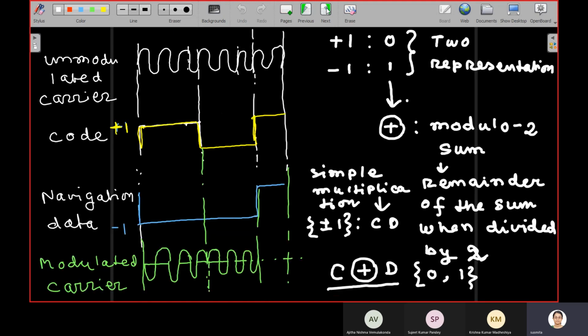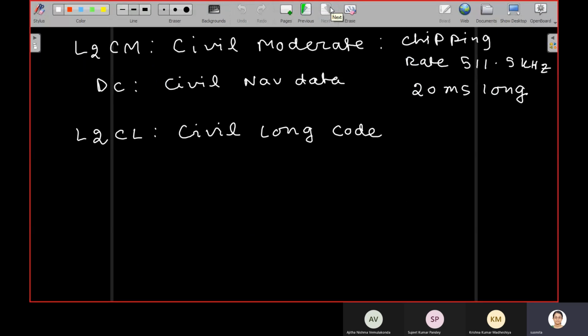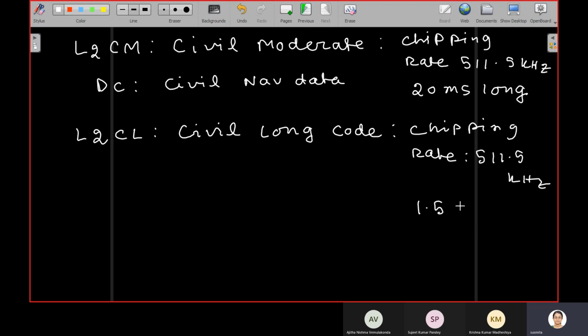The civil long code, for this the chipping rate is again 511.5 kilohertz, and this one is 1.5 seconds long. Again, just compare this with CA code. CA code is just 1 millisecond long, whereas this one is 1.5 seconds long.